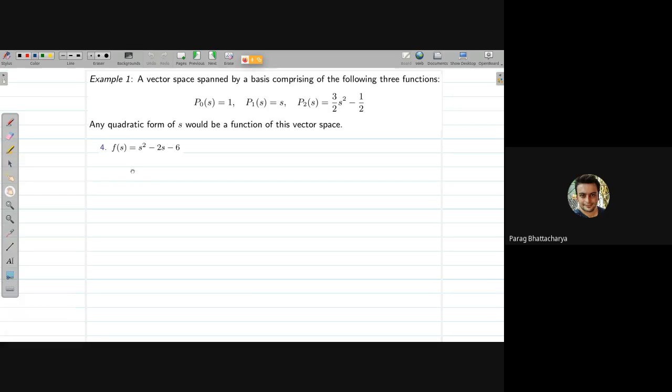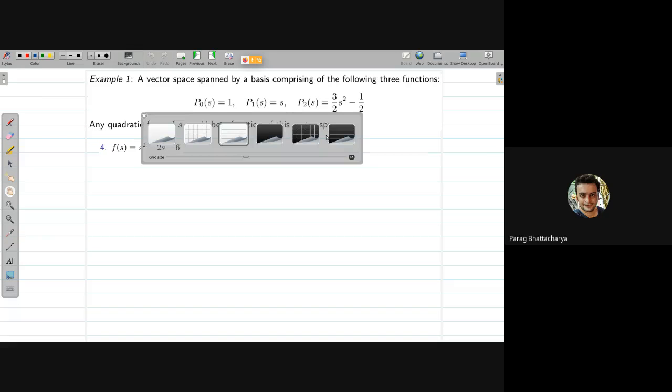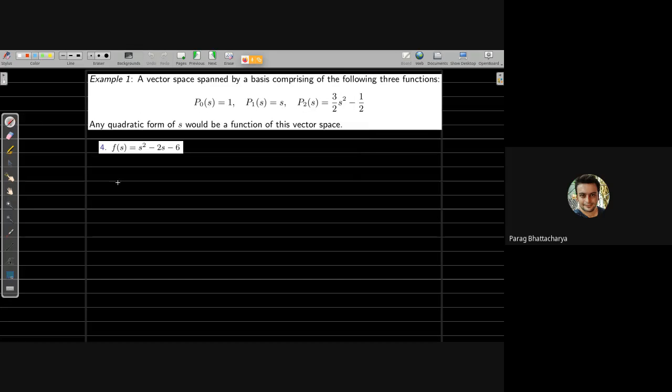The way to do that would be something like this. So we have here p0, p1, and p2. The function is f of s equal to s square minus s minus 6. So let's say 1. 1 is nothing but your p0, right? Here we have p0 is equal to 1.